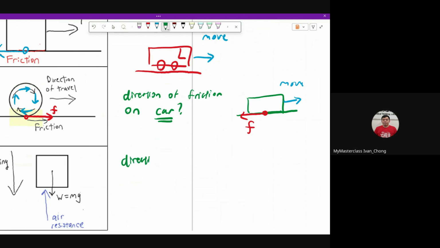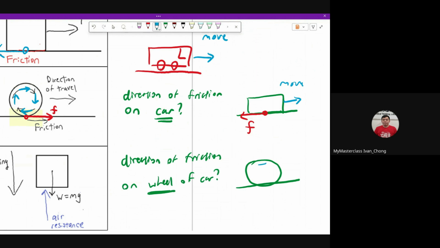Now, what if the question changes? What's the direction of friction on the wheel of the car? Then we need to focus on the wheel part of the car. Because the wheel is moving to the right, you need to draw like this, because you turn clockwise, right? So what happens at this point in time?